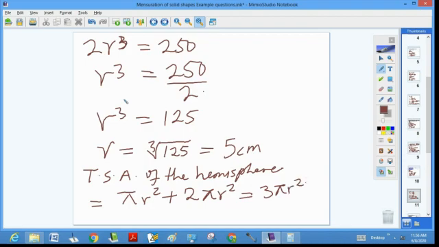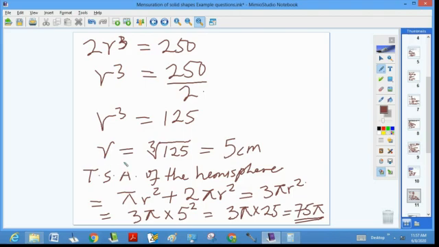Substituting the values we have, 3 pi times 5 raised to power 2, which gives us 3 pi times 25. It gives us 75 pi centimeters square.